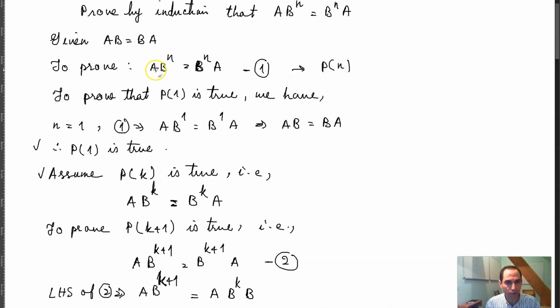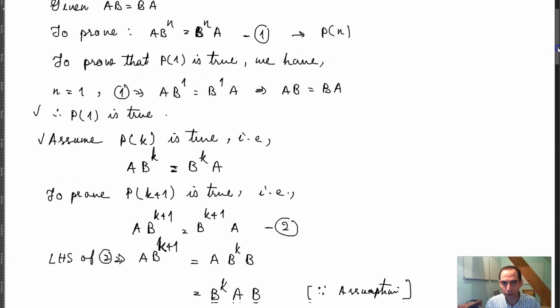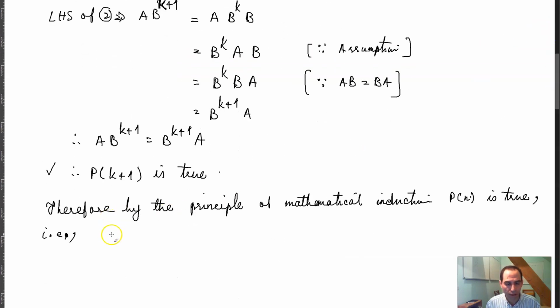So A times B raised to the power n is B raised to the power n times A is true, right? So that is true. That means that if you have two matrices A and B that commute, this holds, of course, for all natural numbers n.